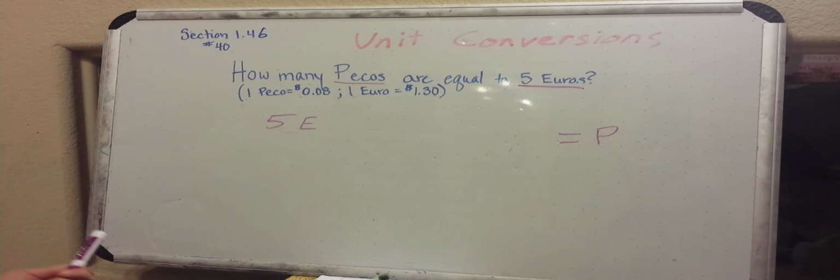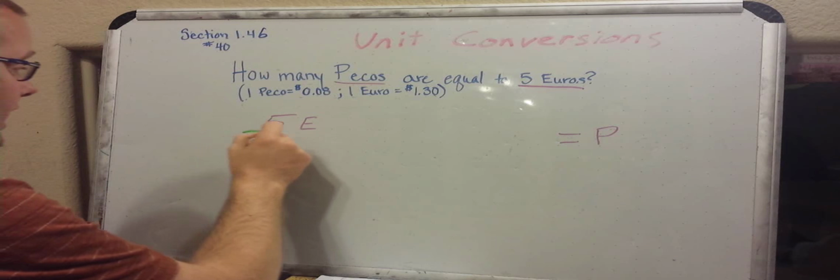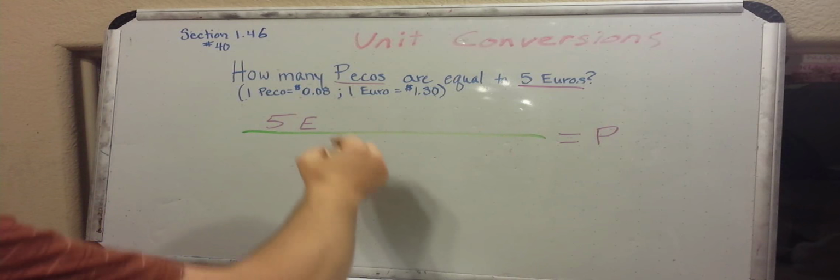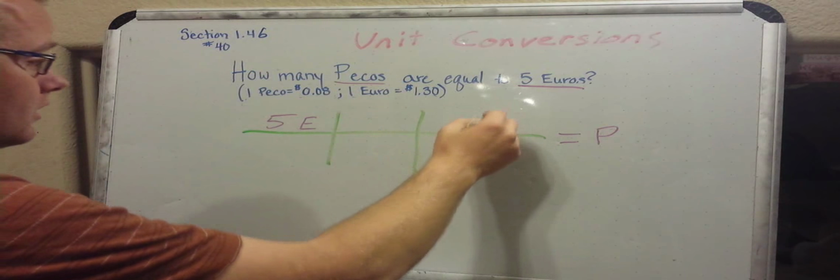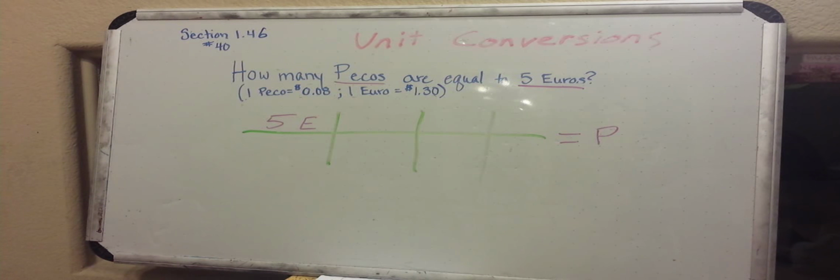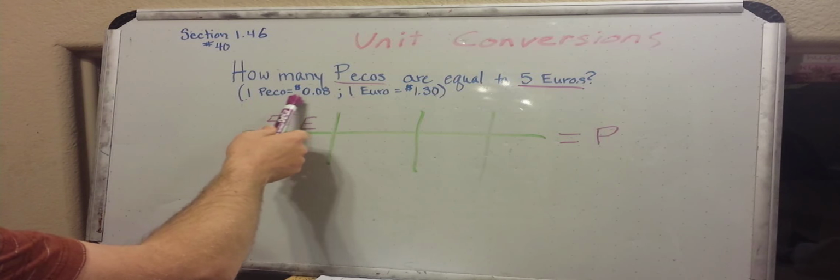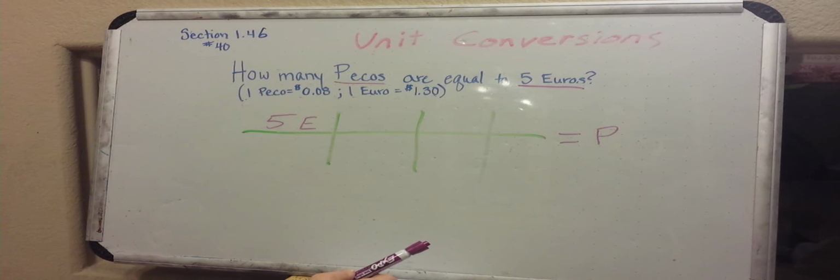Now we need to turn this into an equation. So we're going to put a line and some vertical lines, just to set it up. We may not use all those lines, but it will give us plenty of space to work with. So let's go to what our other known factors are. 1 peso equals 8 cents.